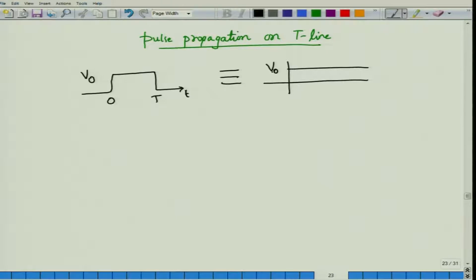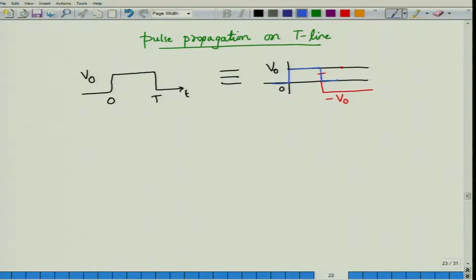One step voltage would be V0, and then there would be another step voltage of amplitude minus V0, exactly opposite, which would begin to propagate at T seconds. So, the sum of the first step and the second step would obviously give you a pulse whose duration is T seconds.